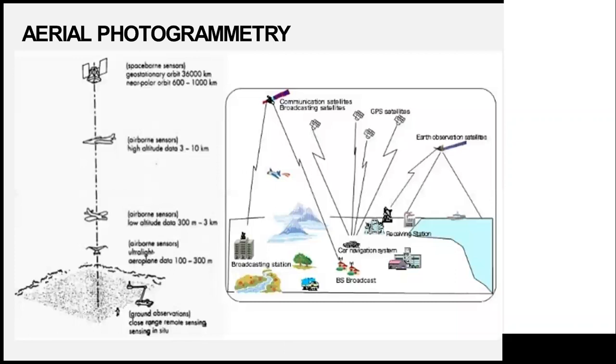Our campus is also having one proposal to get such a drone. From this you can capture such types of objects you can see here. At a much higher altitude, there are communication satellites, and those satellites also have a capturing mechanism.